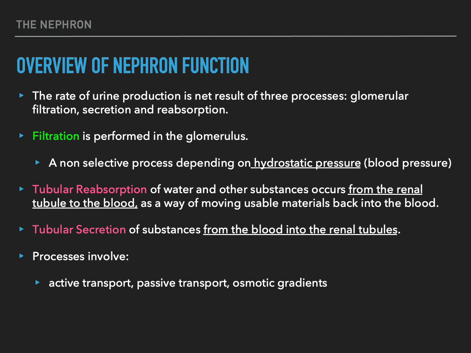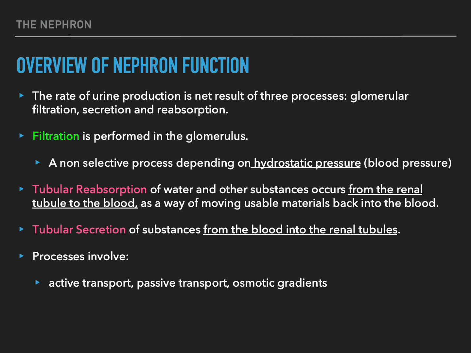Tubular reabsorption of water and other substances occurs from the renal tubule to the blood as a way of moving usable materials back into the blood, whereas tubular secretion of substances is moving fluid and electrolytes from the blood into the renal tubules.